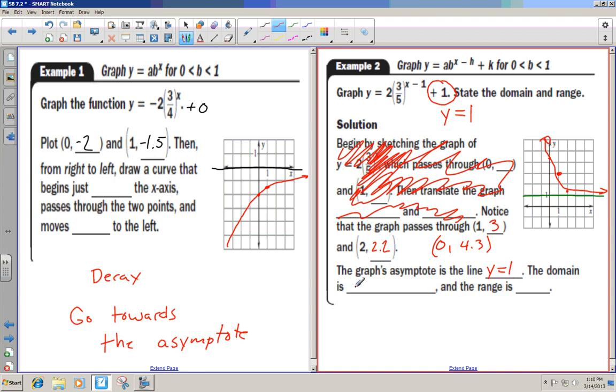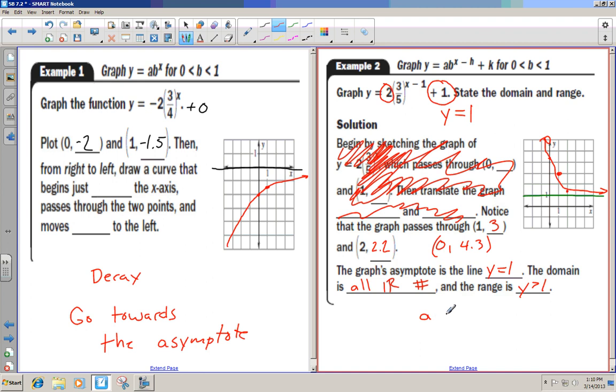The domain, as usual, is all real numbers. And the range has to do with the asymptote. Look at the graph. Is it greater than the asymptote or less than the asymptote is the question. So the range, if it's y equals 1, is y greater than 1. Now you can tell from this number whether it is greater than or less than, so you're going to want to add this to your notes.